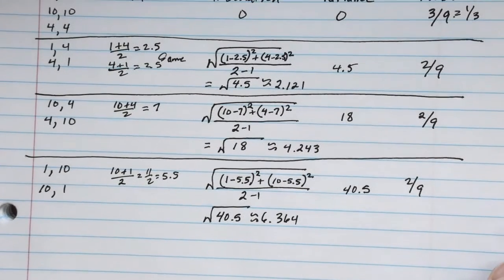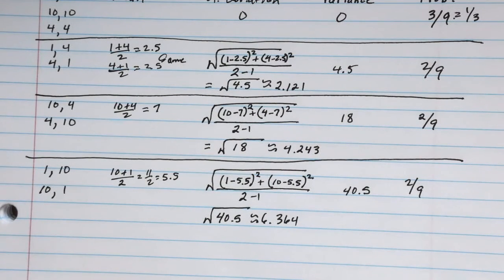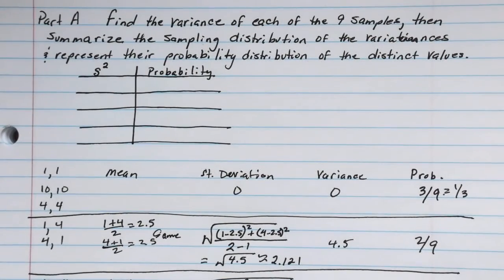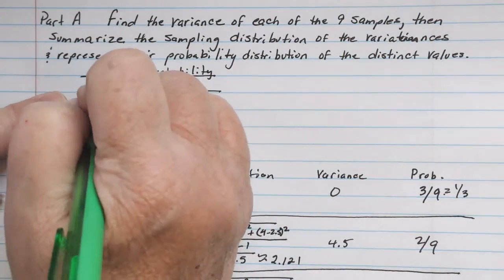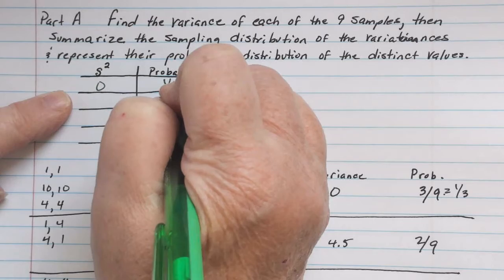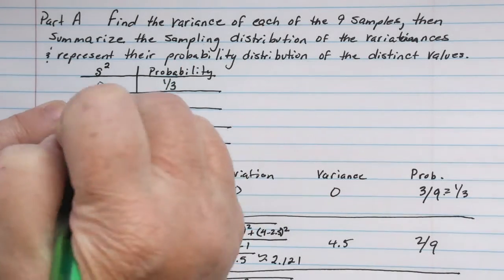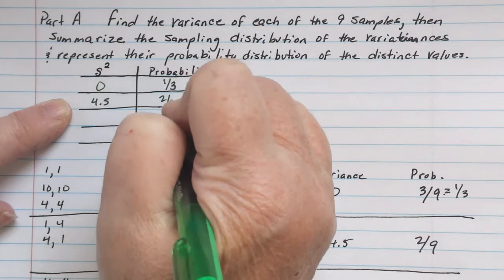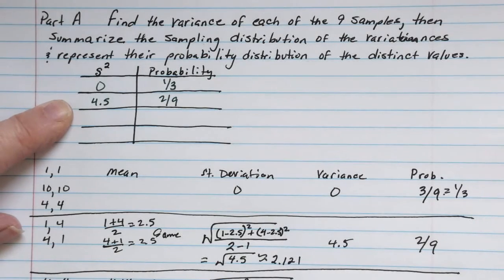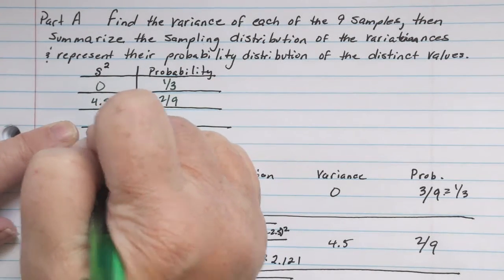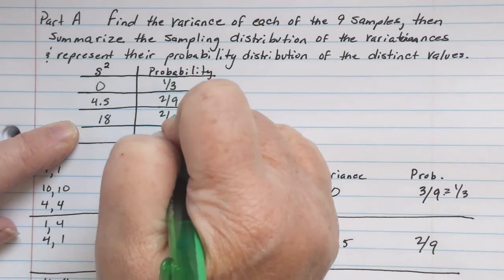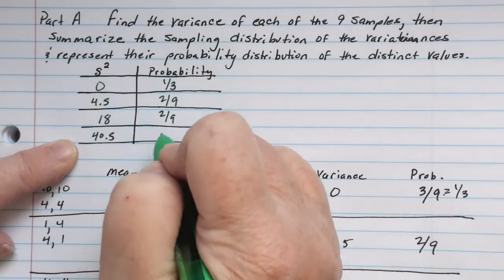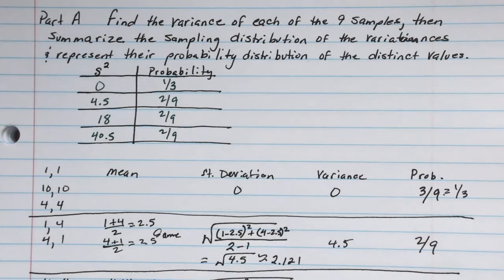So when we look up at the table that they give you in MyMathLab, we have the variance of 0, and that occurs 1/3 of the time. The variance of 4.5 occurs 2 of the 9 times. The variance of 18 occurs 2 of the 9 times. And the variance of 40.5 occurs 2 of the 9 times. Okay?